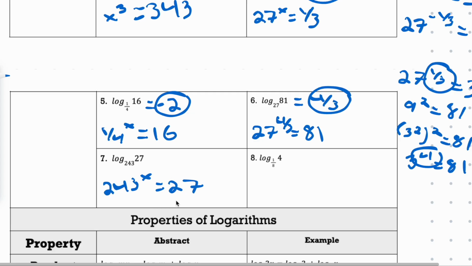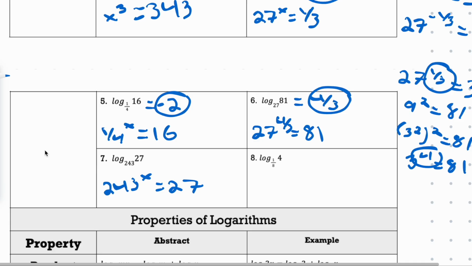So how can 3 relate to 243? Well, I know 3 squared is 9, right? 9 squared is 81. Once I get to 81, how can 81 relate to 243? Well, 81 times 3 is 243.